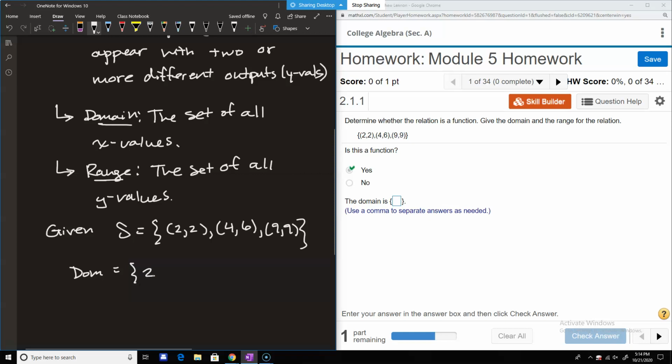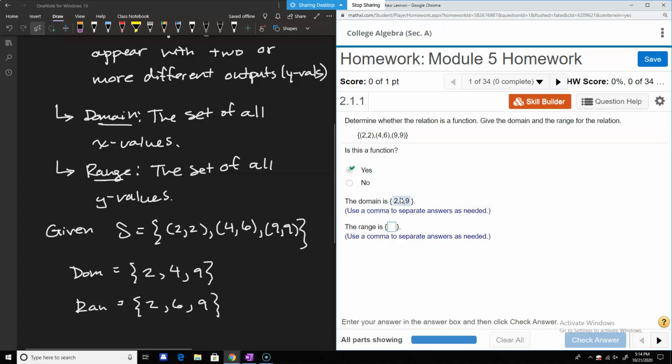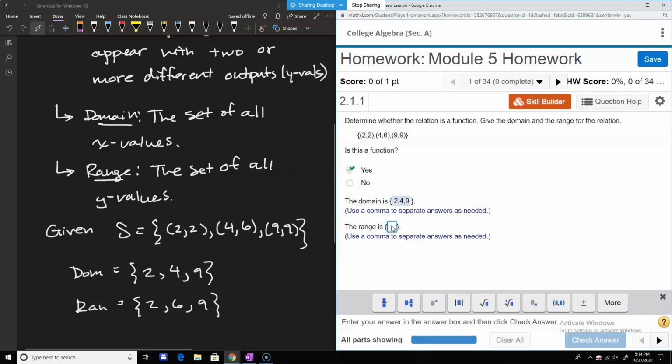So the first coordinates, 2, 4, 9, and the range would be the second coordinates, 2, 6, 9. So that's all we need to list. So 2, 4, 9. And it asks for the range, so 2, 6, 9.